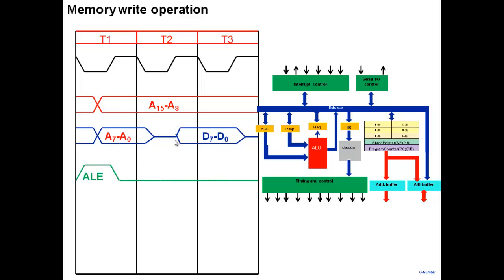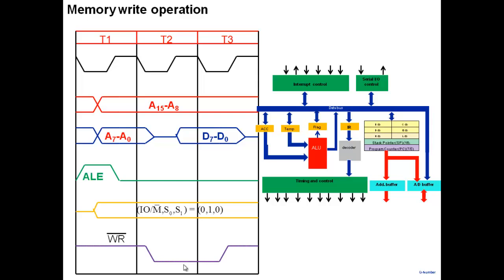Then in T2 state, the microprocessor will place the data here on the bus. Then the write signal goes low, and that tells the memory to latch the data into the memory location. So by the end of the T3 state here, the data has been written into the memory.